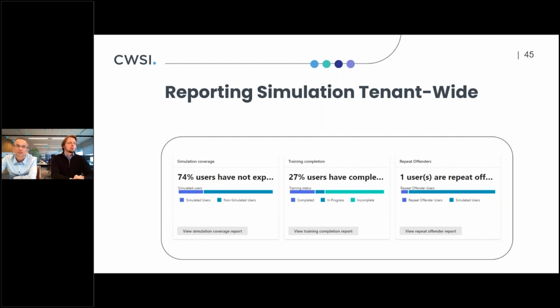But also users who didn't complete the training, and the number of users who didn't experience an attack simulation training. This is an interesting one because the number of users who didn't experience an attack simulation training campaign yet includes also guest users, which might confuse the actual data in there.